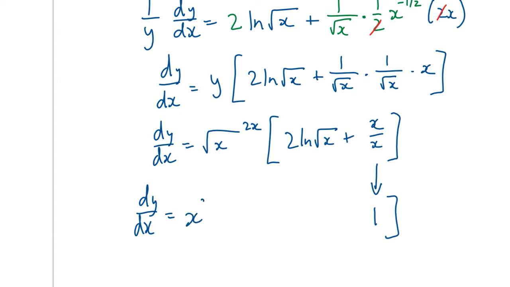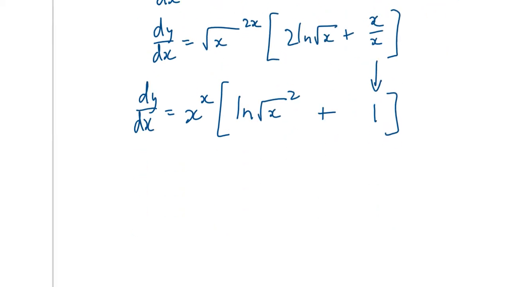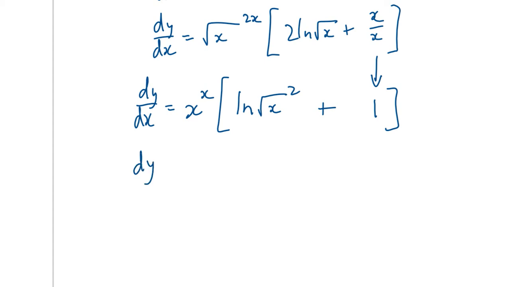But this is going to be x to the x, and this is going to be ln of root x squared, bringing the 2 back into the exponent, right? Plus 1. So that's why I didn't do it before, because I was going to do a little bit of extra work anyway. x to the x ln of x plus 1.